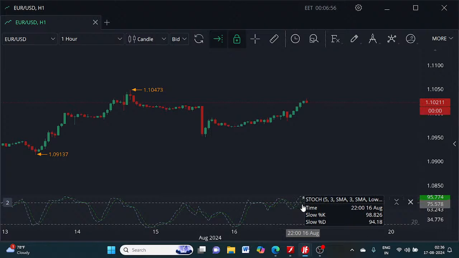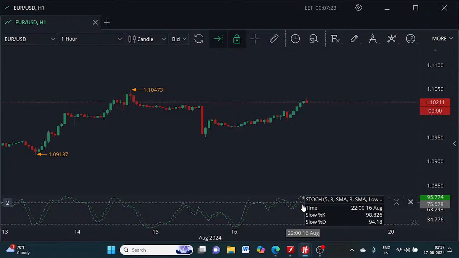Now, if you consider the output values of the two parameters, the percent %K and percent %D, the general understanding is that whenever the percent %K line is trading above the percent %D line, that indicates the initial momentum, or you can say immediate momentum, being on the bullish side.